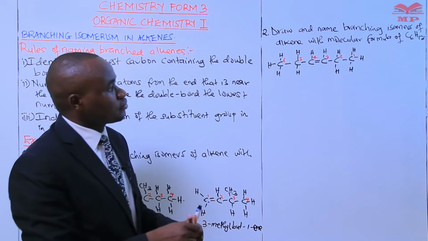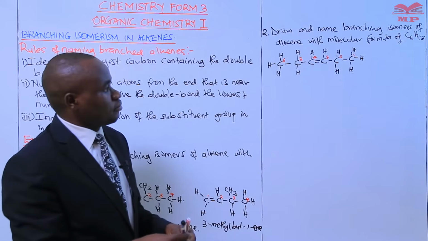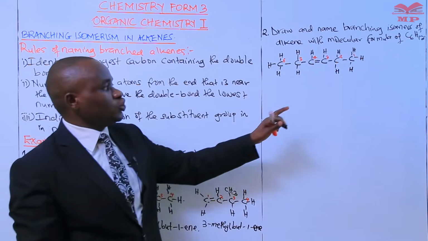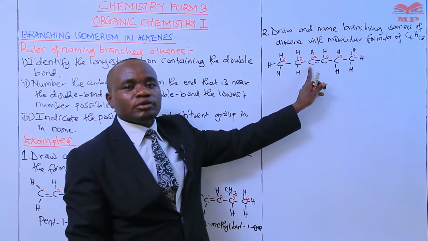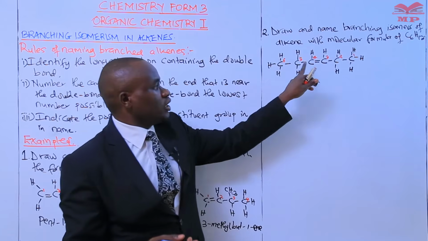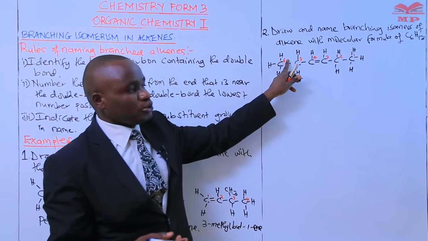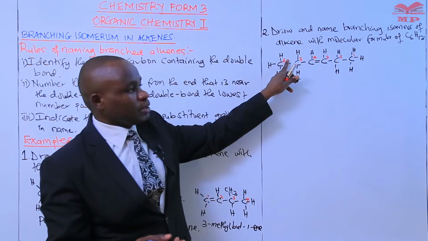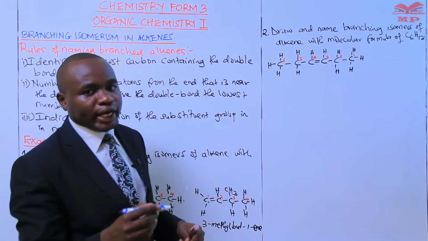So after numbering, you give the name, bearing in mind the location of the double bond. Double bond is between 3 and 4, but remember you pick the lowest number. So from this structure, we have 6 carbon atoms. That means that an alkene that has 6 carbon atoms has a prefix of hex.